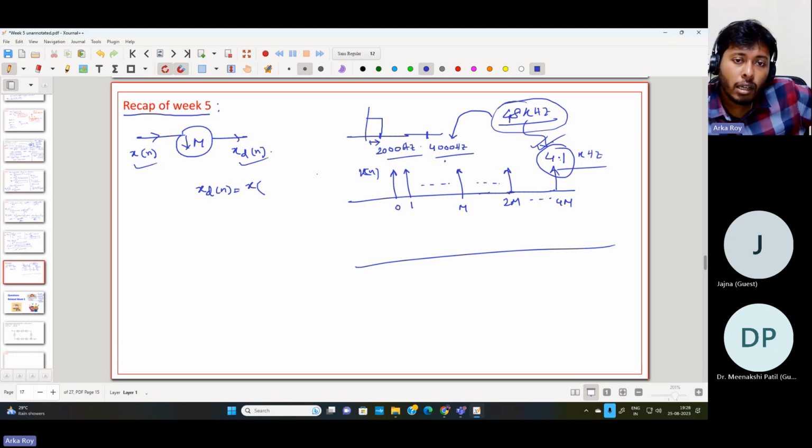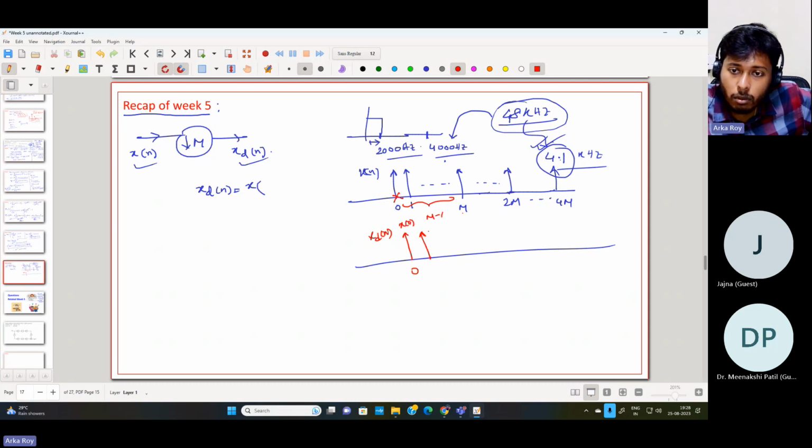So what I'm doing, I will be sampling this particular signal with a sampling period of m. That means first I will consider this sample in the output signal, if I draw it xd of n. Then after m minus 1 samples, I will consider the second sample. That means this is x of 0, this is x of 1, but however, the index is now 1.